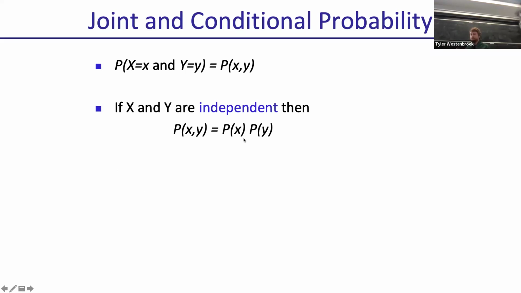We say that x and y are independent if P(x, y) is equal to P(x) times P(y). If I flip a fair coin twice, the probability that I get heads both times is equal to the probability of heads on the first flip times heads on the second.